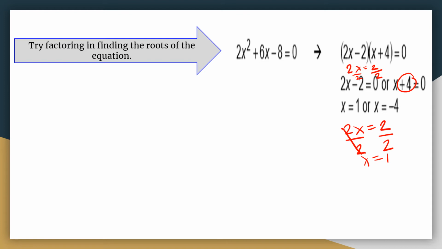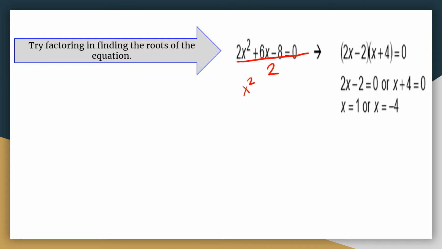So there's an easier way so that you are not going to have 2x squared. Since 2, 6, and 8 are all divisible by 2, you can divide this by 2. We're going to have x squared plus 3x minus 4 equals 0, so that factoring will be manageable.